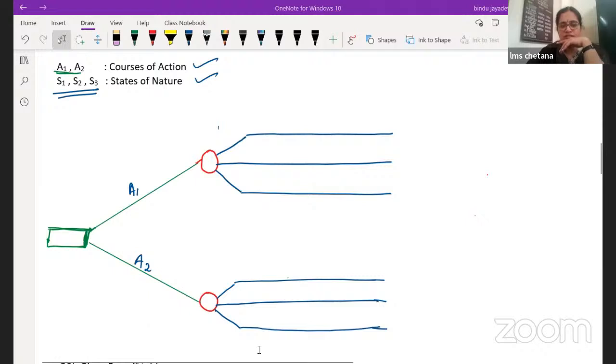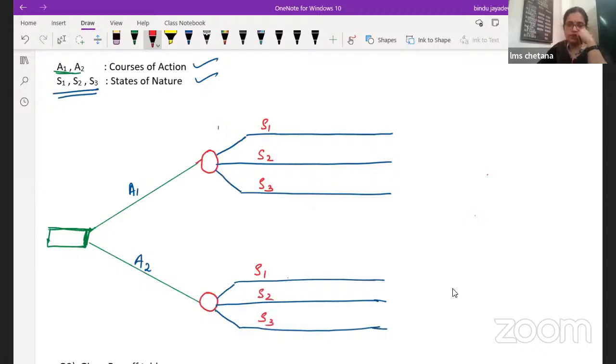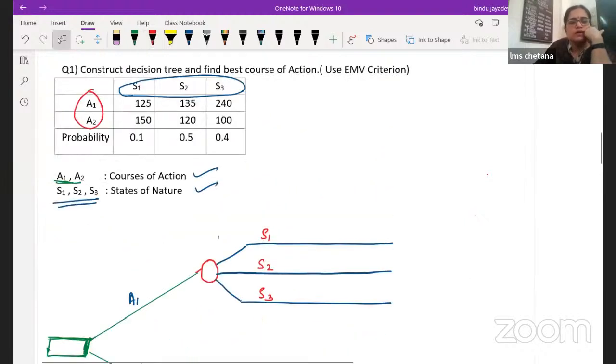Now after finishing this, what we have written is our S1, S2, S3, and here S1, S2, S3. After finishing this, what are you going to do? See the question. For A1, what is the S1 value?